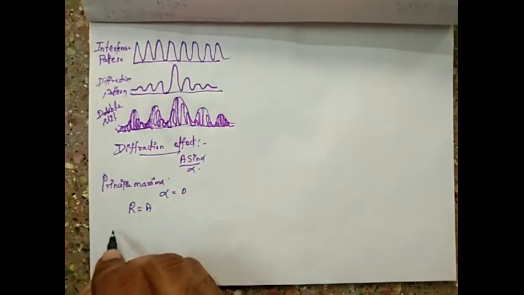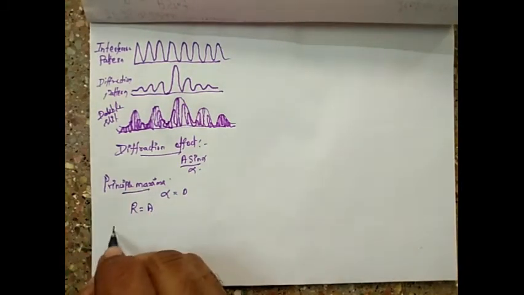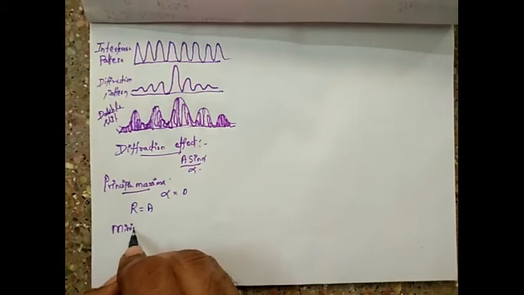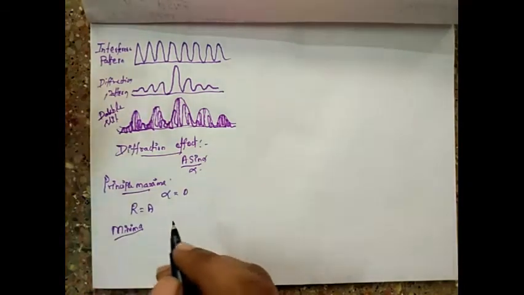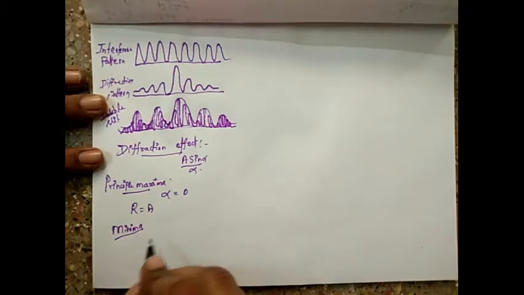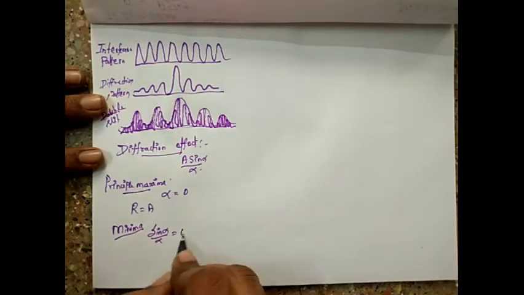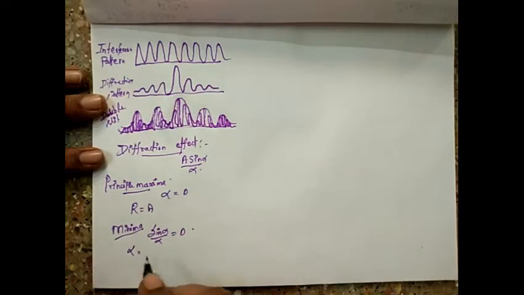Next one is minima. To find minima, sin alpha by alpha should be taken as 0. Which means that alpha becomes plus or minus n pi.